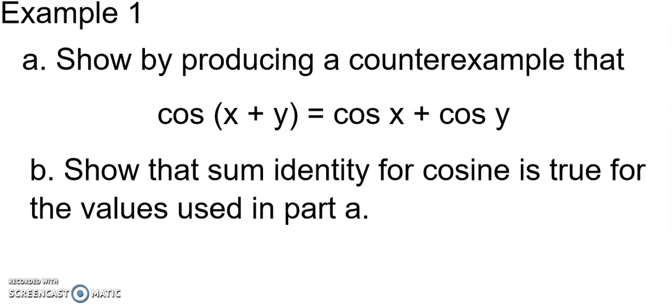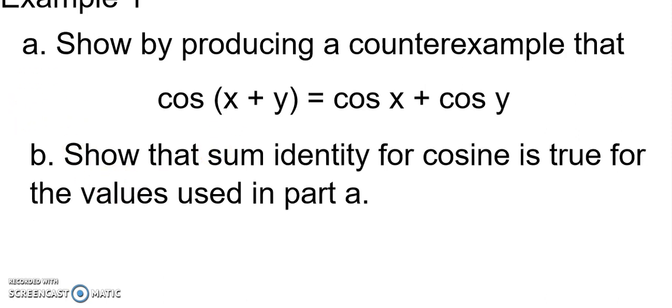And then it says, show the sum identity for cosine is true for the values used in part A. So in other words, whatever we use in part A to show that that's not true, use the same x and y values in part B to make that true and show that it works for the sum identity.